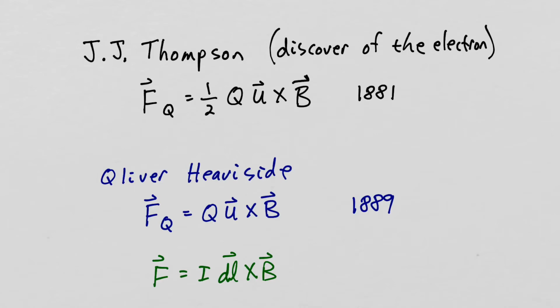As we did, Heaviside probably deduced this equation from Ampere's experimental observations that led to the force on the current element IDL. We will actually see the direct observation of this fundamental result when we look at mass spectrometers.